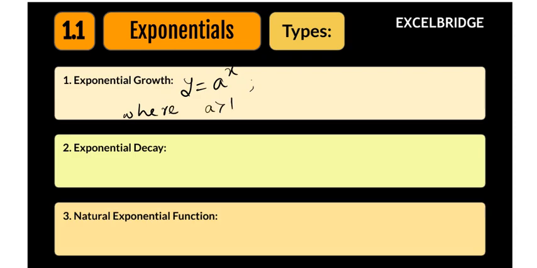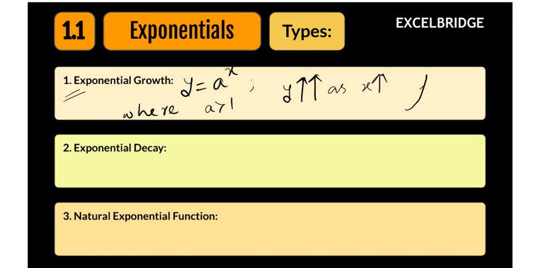That means a is a positive constant. So in this type of exponential, the value of y grows rapidly as x increases, and the graph grows rapidly.